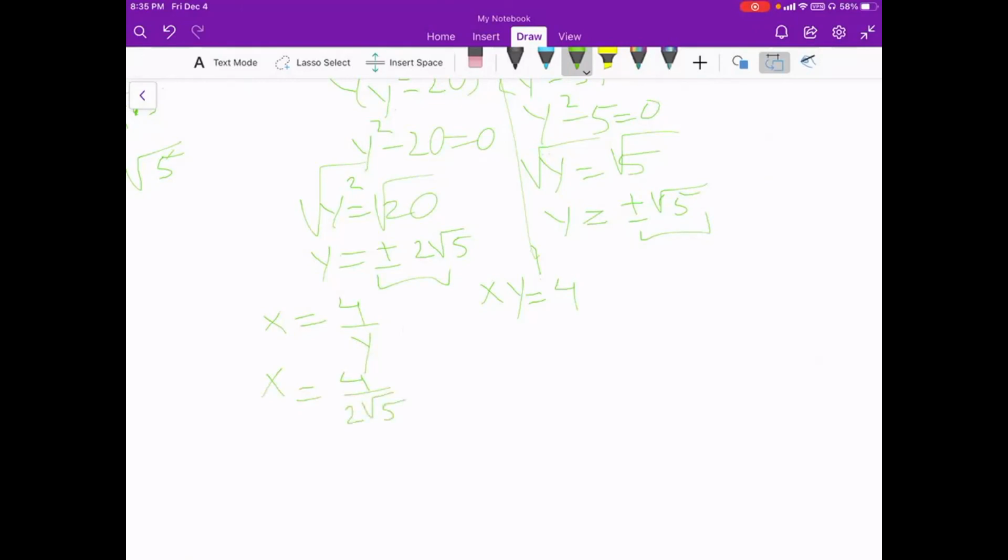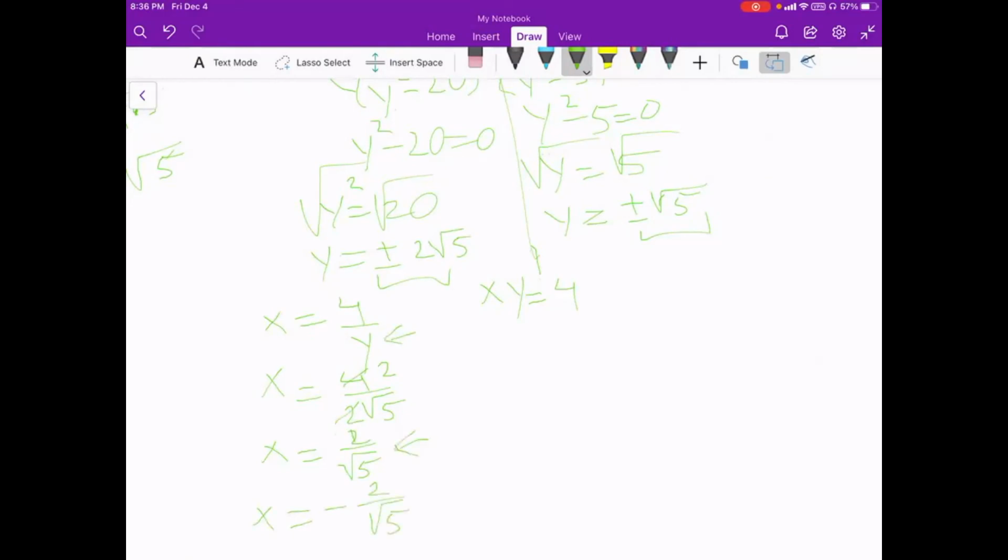You can simplify this: x is equal to 2 over radical 5, because you can cancel the 2 at the bottom and the 4 at the top, and you should be left with 2 over radical 5. Now it's your turn to plug in the negative value for y, and you should wind up getting x equal to the same thing, except negative 2 over radical 5.